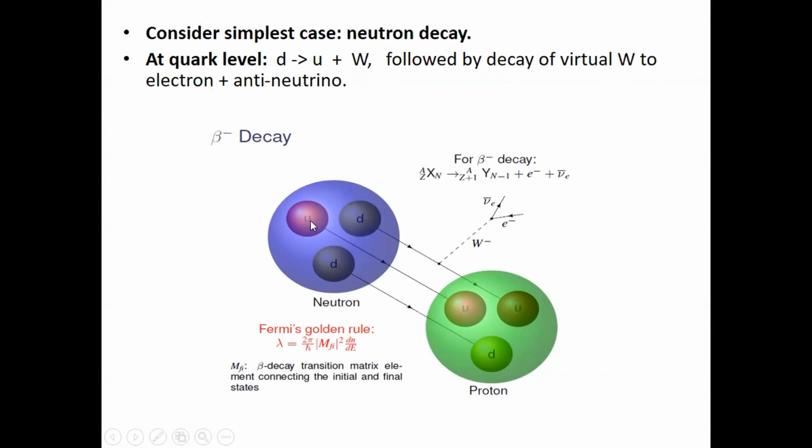The neutron is composed of an up quark and two down quarks. And the beta decay is a process in which a down quark becomes an up quark by this possible reaction in which the W particle and the up quark go, and these two come independently out.